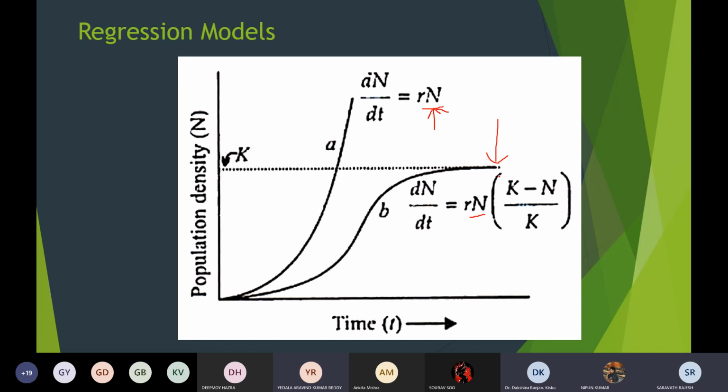Now if we use the logistic function and try to find the rate of change of population growth, we need to find this derivative function. That means we will take the derivative of population growth with respect to time, and this will give us the rate of change of population growth.